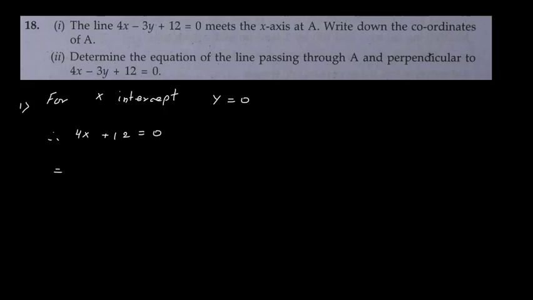So this will give me the value of x as minus 12 upon 4, which is minus 3. So I will say, write down the coordinate of A. So therefore, coordinate of A will be x coordinate is minus 3 and y coordinate is 0. So minus 3 comma 0.